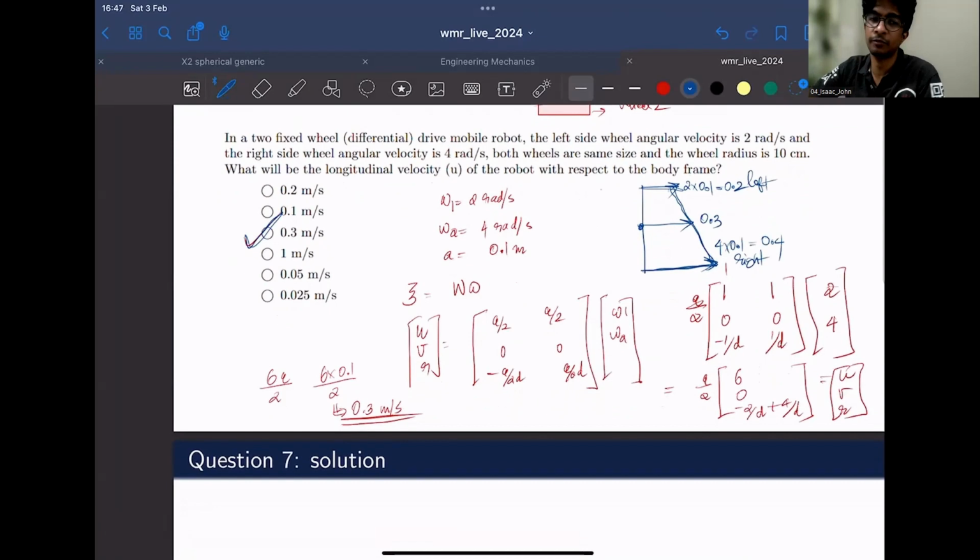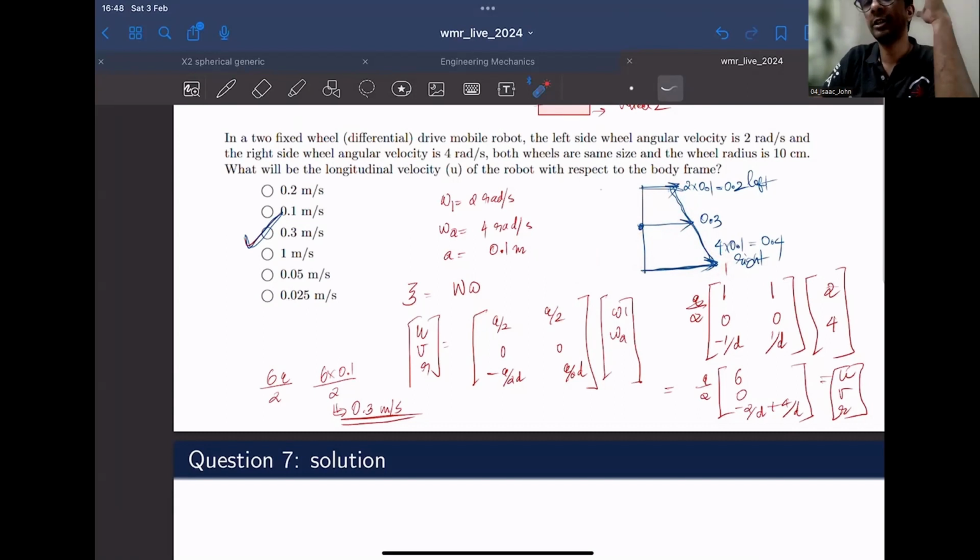If you cannot recall, because for all the other problems you will be given the wheel configuration matrix, but in case of a differential drive, you probably won't be given the wheel configuration matrix. Sometimes it may be given, sometimes it may not be given. If it is not given and you can recall this, you can easily recall it. Or otherwise, you can simply write down the linear velocities of both of these ends, and you can easily interpolate so that the velocity at the middle point would correspond to the linear velocity of the robot chassis, that is u.